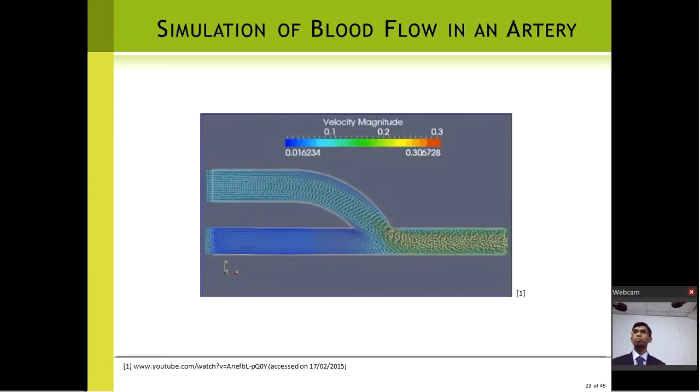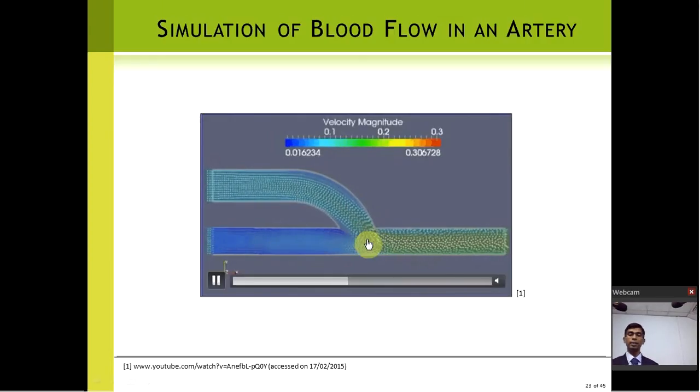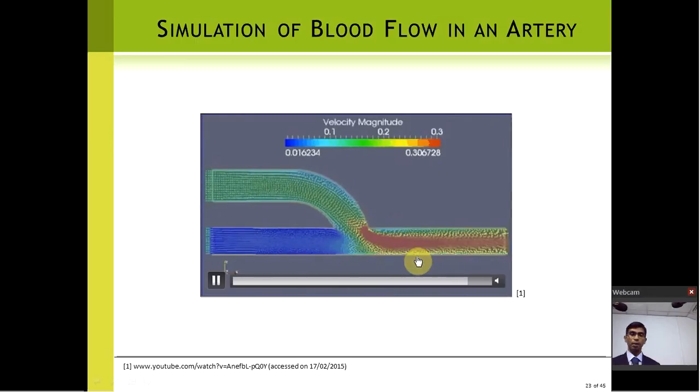They use SPH in most instances, where we can model the fluid using particles and observe their velocity, and if we change different vein and artery angles, how the flow will vary, and whether there will be any possibility of blockages and all that. So you can see we can dynamically change the angles and observe how the resistance will be.